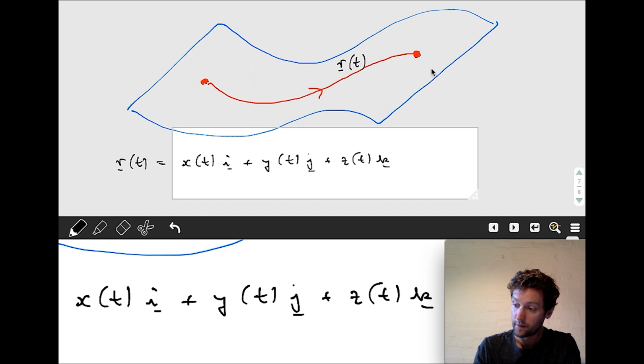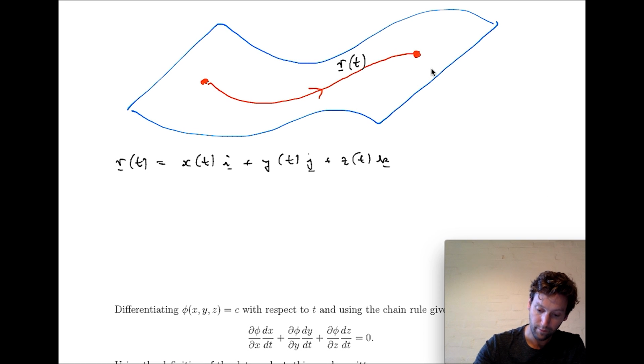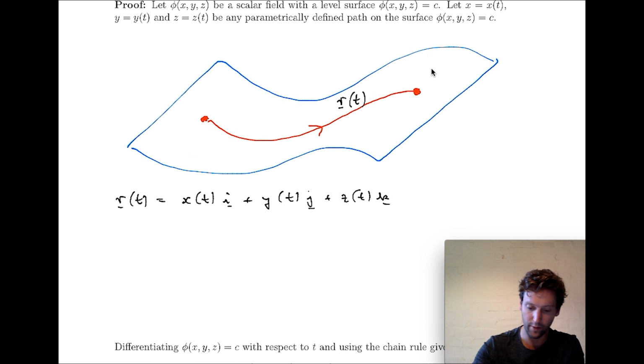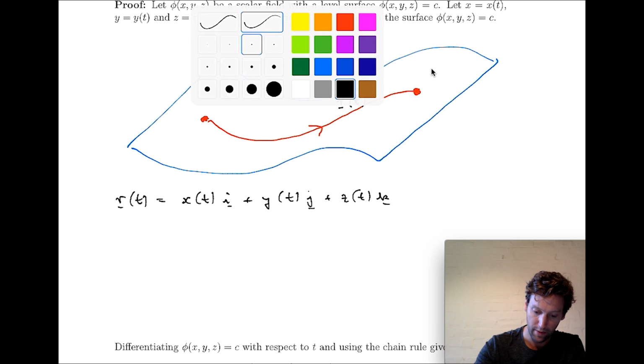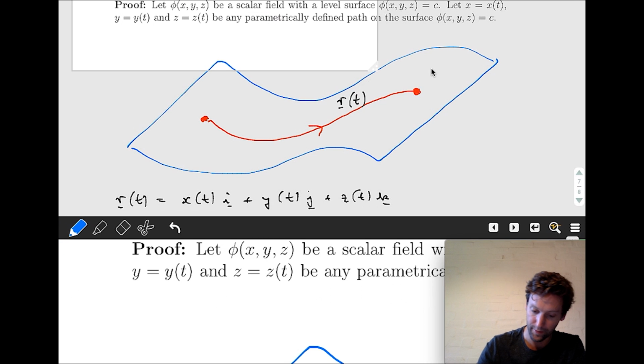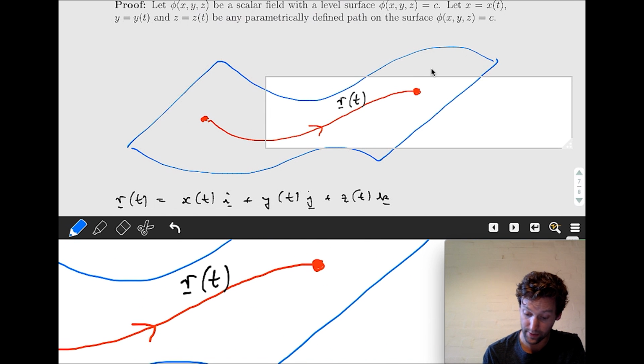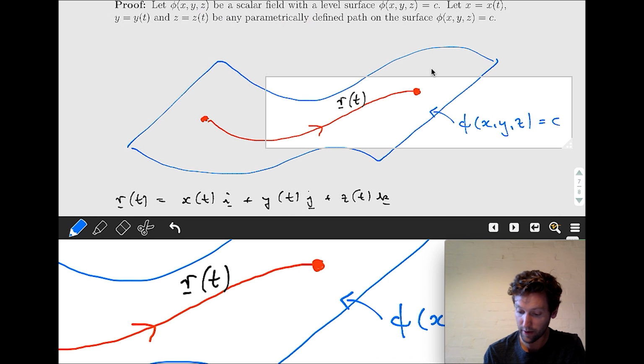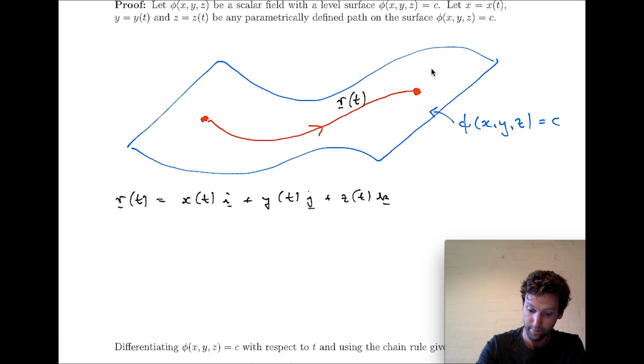Now, I know that on this particular surface, my scalar field has a constant value, right? So that's how I defined this. It was a level surface of phi, which means that phi was equal to c everywhere along that path and everywhere on that surface.